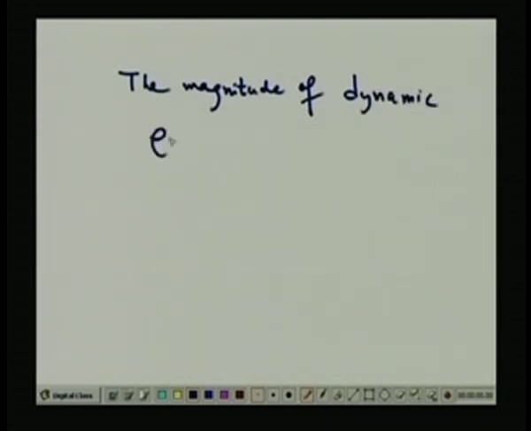Now, problem number 3.4: the magnitude of the dynamic error, mod of dE, should be less than or equal to 0.01, because it is a first order instrument.